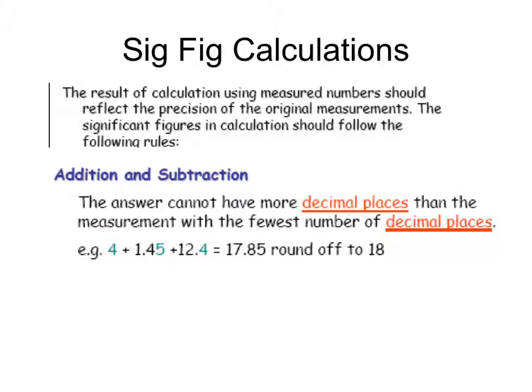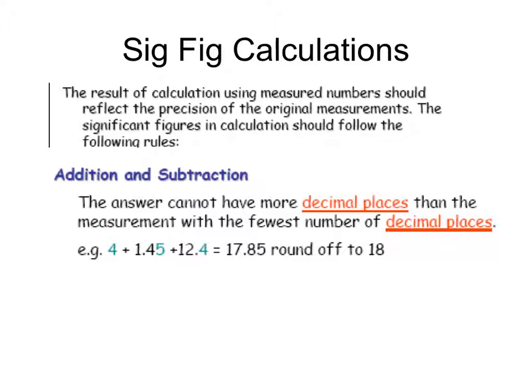When you add or subtract, and when you multiply and divide, the goal is to report your answer in such a way that you're keeping true to how good of a tool you used to get your measurement. So you want to reflect the precision of the original measurements, even though you're doing some mathematical operations to them.